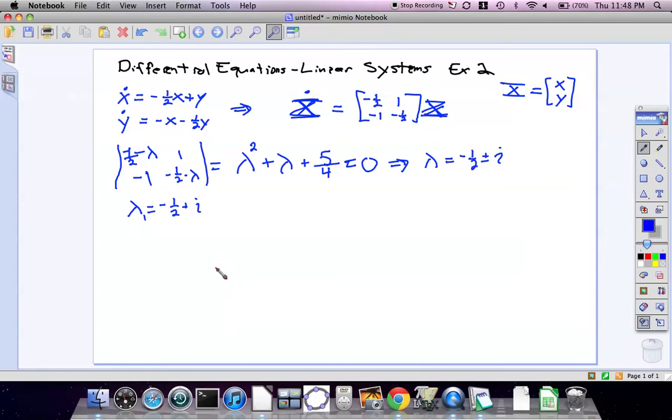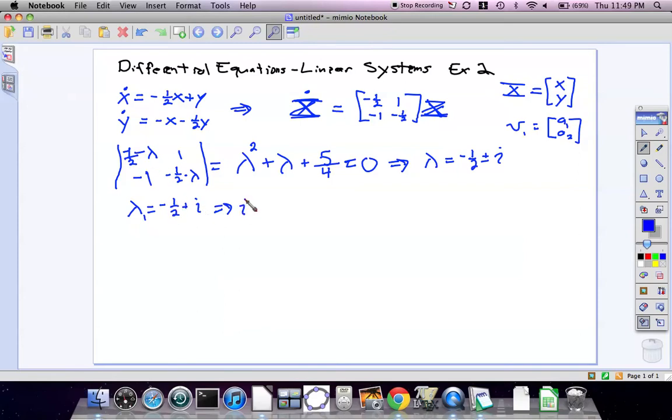Now, to get the solution to this, I am going to need to find an eigenvector to go along with this eigenvalue. To do that, I need to plug in my negative 1/2 plus i here, and then multiply this particular matrix by a vector, let's call it V1, equal to A1, A2. When I take that A1, A2 times this, plugging in my lambda 1, what I should get is negative 1/2 minus negative 1/2, so that goes away, minus i.